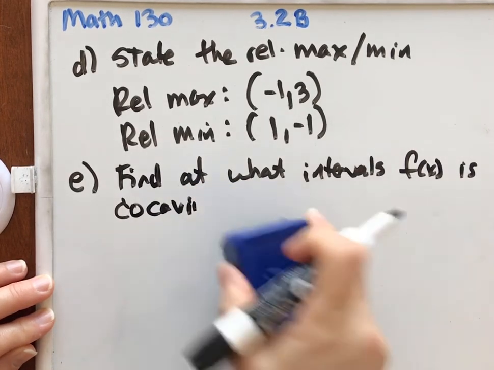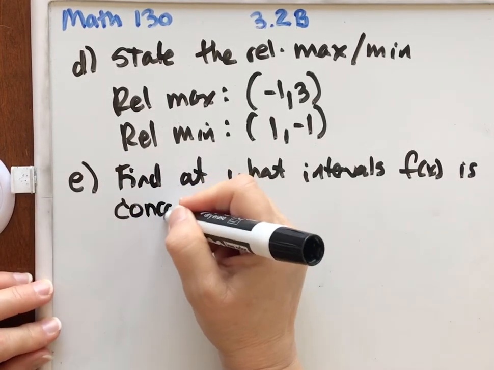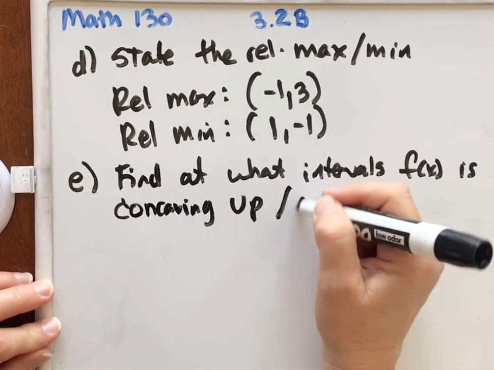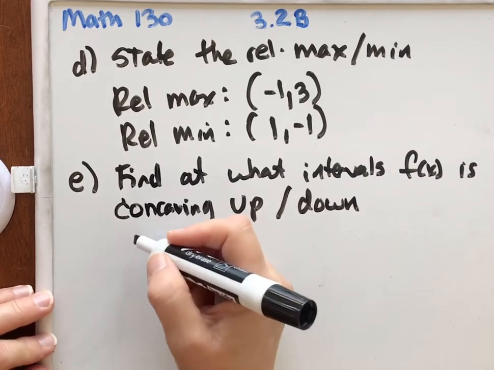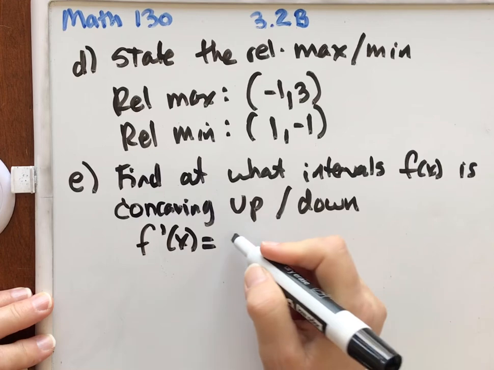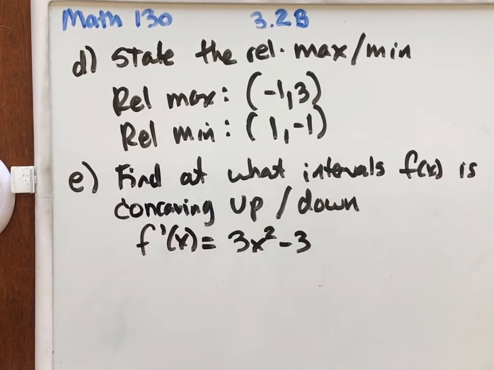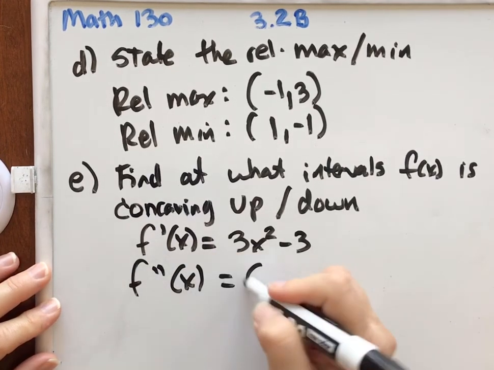Oops, I forgot an N. Find at what intervals f of x is concaving up, concaving down. Okay, well, we know our first derivative we said was 3x squared minus 3. So our second derivative is going to be 6x.